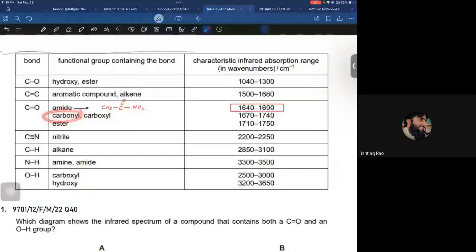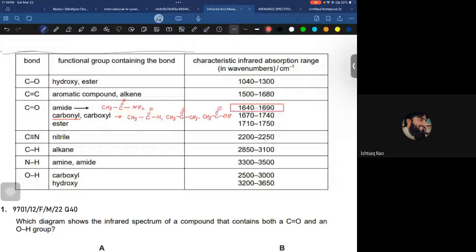And if the C double bond O is present in carbonyl, carbonyl means it may be in aldehyde, it may be ketone, or it is from carboxylic acid. यानी कि you see carbonyl इसमें भी है, that is your aldehyde. Carbonyl इसमें भी है, that is your ketone. और carbonyl इसमें भी है, like I C double bond O. तो ये कितनी frequency absorb करेंगे?